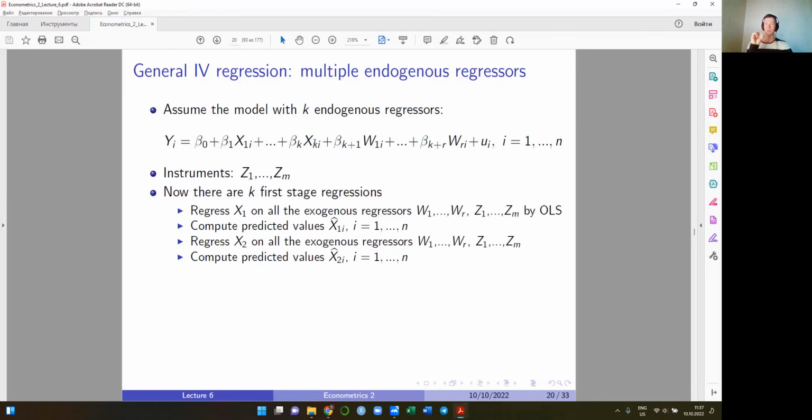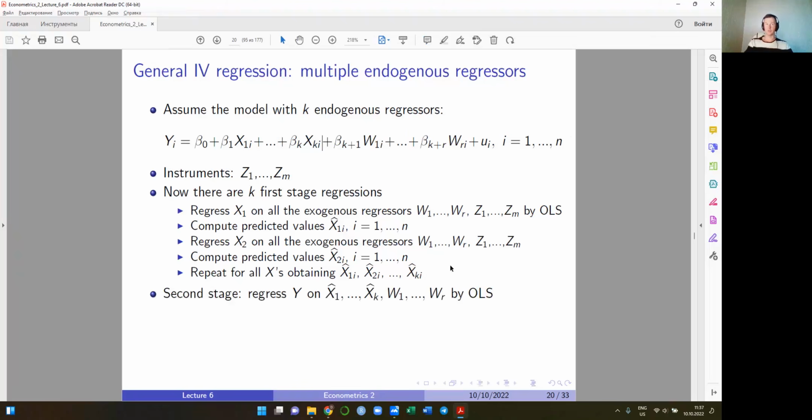And for every first stage regression, we obtain fitted or predicted values of X: X hat 1, X hat 2, and so on. And finally, when we have the full set of fitted X's, we move to the second stage regression. We regress y on X1 hat, X2 hat, Xk hat, and the control variables.